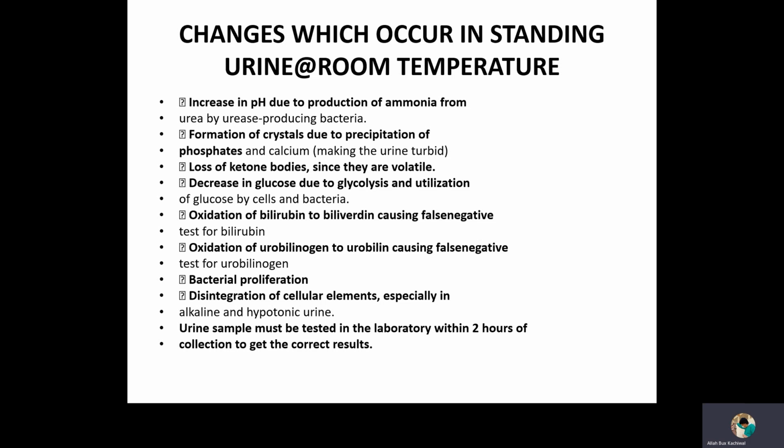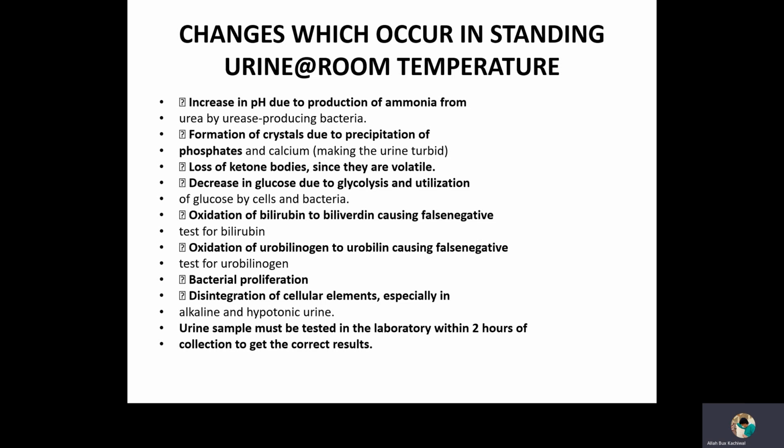Changes which occur in standing urine at room temperature when we are collecting the urine: an increase in pH due to the production of ammonia from urea by urease-producing bacteria.